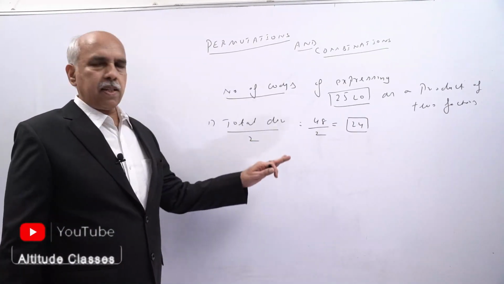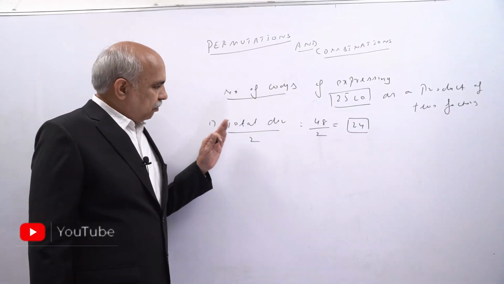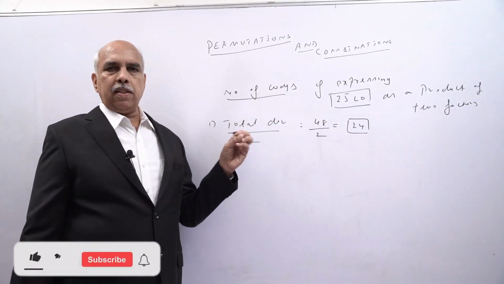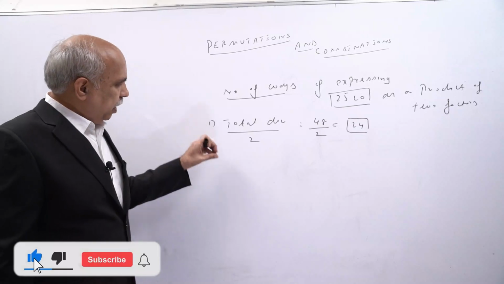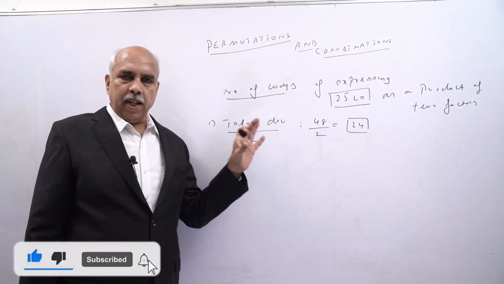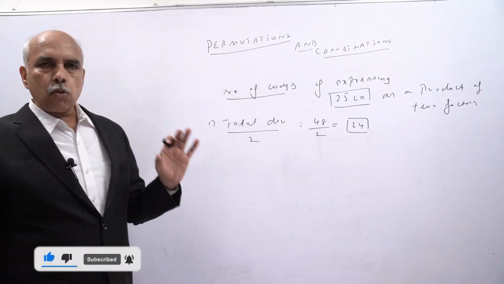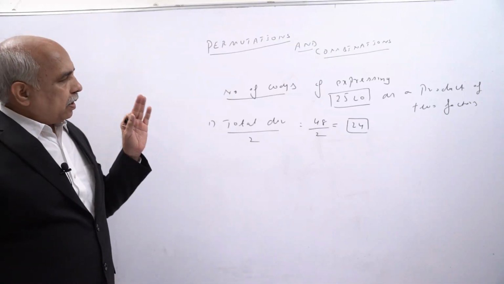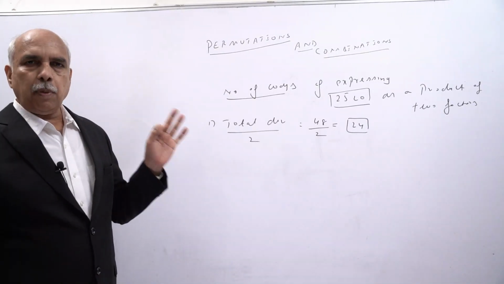Now, the logic is very simple. If you are dividing the total number of divisors by 2, that means you are assuming that the total number of divisors is even. This is possible in what case? When the given number is not a perfect square.